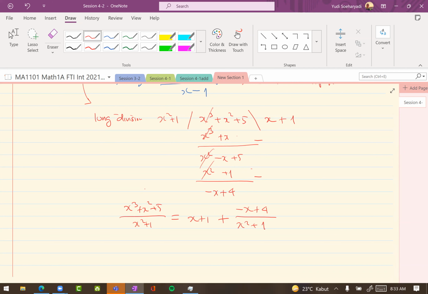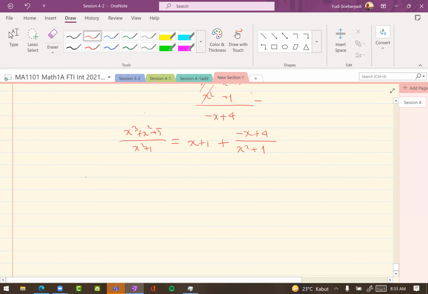Okay, so when we compute this one, limit x going far to the left, far to the right, plus 1, right?